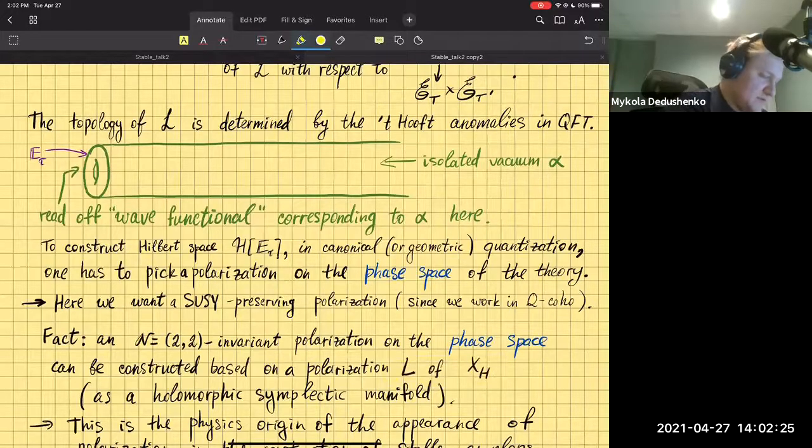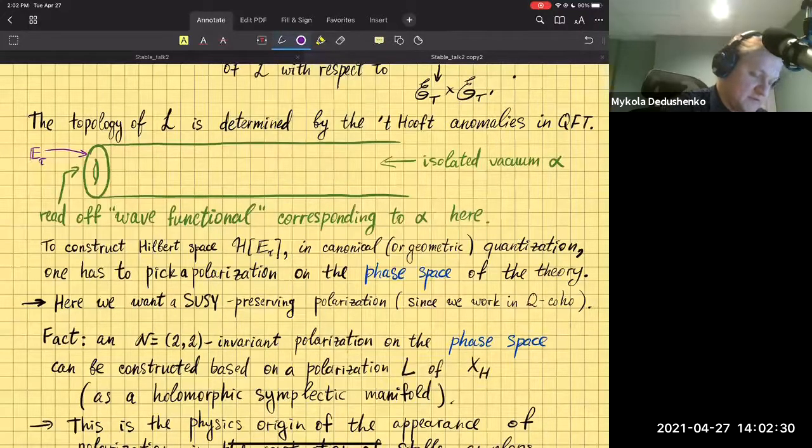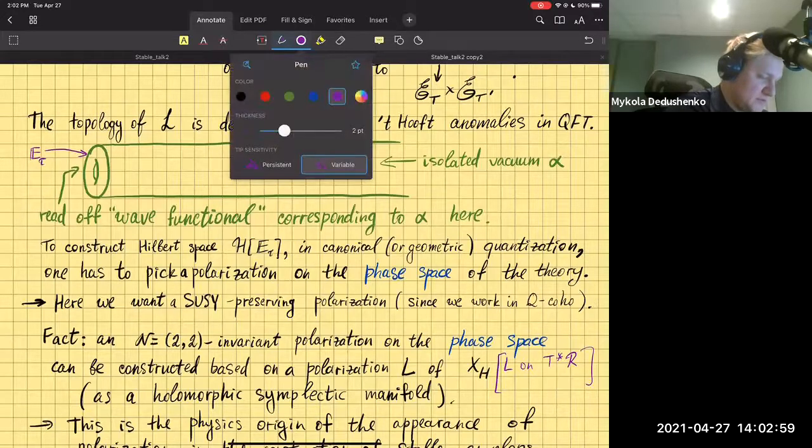Well, really, since we're describing this in the GLSM language, then really we want L polarization on this linear space T*R, which we start with in the hyperkähler quotient construction, but then it also gives you a polarization on the Higgs branch.